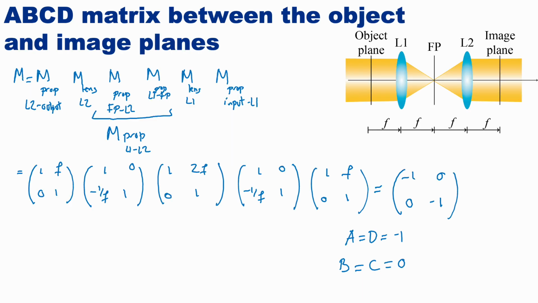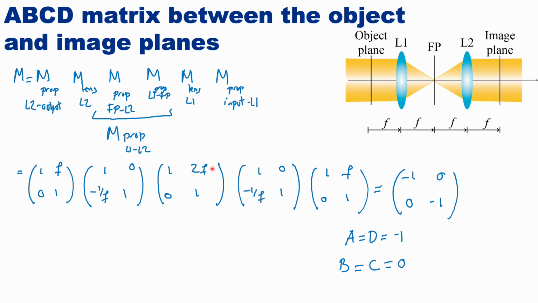So let's do the ABCD matrix, and remember that we start from the end and go to the beginning. So we have the propagation from L2 to the output, which is going to be a distance f. Then we have our lens L2. We have the propagation from the Fourier plane to L2, and then the propagation from L1 to the Fourier plane, which is the same, just doing the free propagation from L1 to L2.